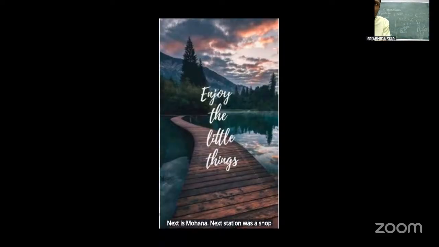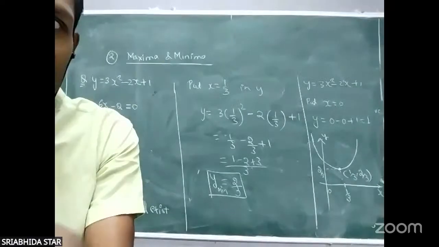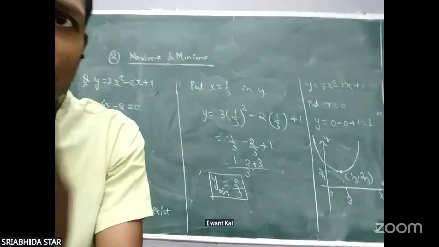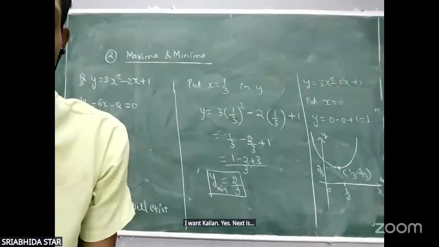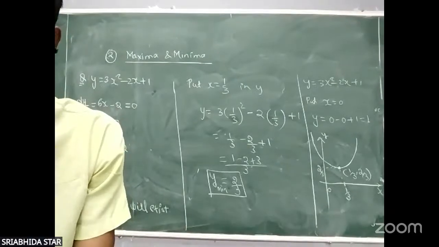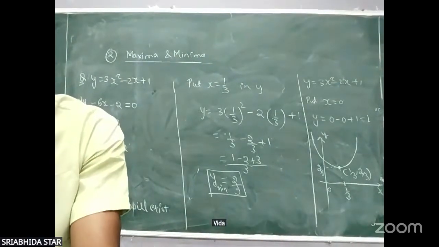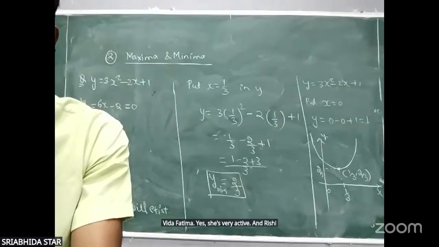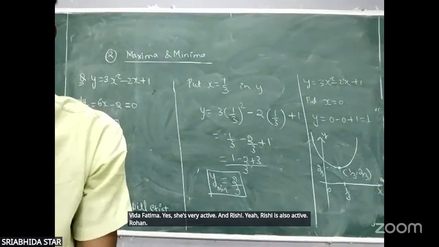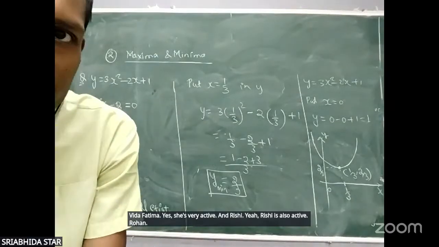Next is P. Ramaya Shri. Next is our Pavan. Hi, Pavan Kalyan. Next is Pragyan. Vida Fatima. Yes, she is very active. And Rishi. Yeah, Rishi is also active. Rohan. Sai Sri Nidhi. Next is Satvik.